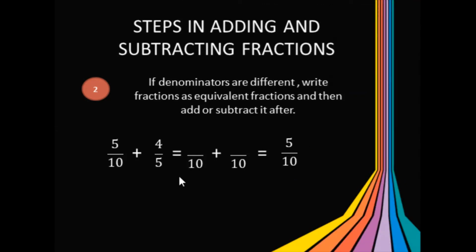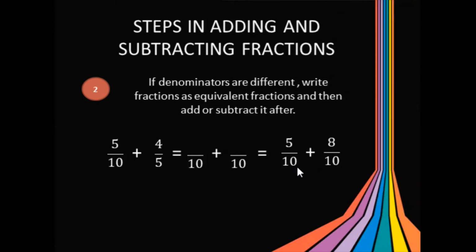And then let's do the other fraction. Plus 10 divided by 5 times 4 is equal to 8. Now, the denominators are already the same, so we can add them. 5 plus 8 equals 13. And then copy 10, we have 13 over 10.